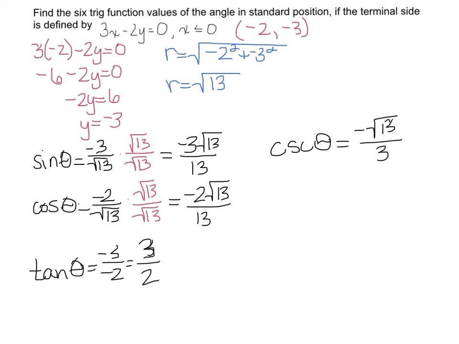Here I remember to make sure that my negative sign stayed in the numerator. Same with the secant, kept my negative in the numerator. That shouldn't be tangent, that should be cotangent.